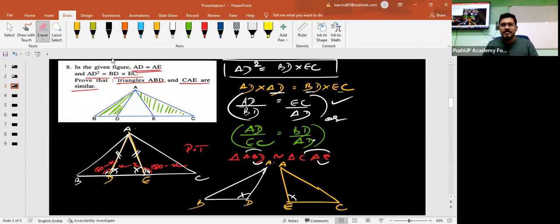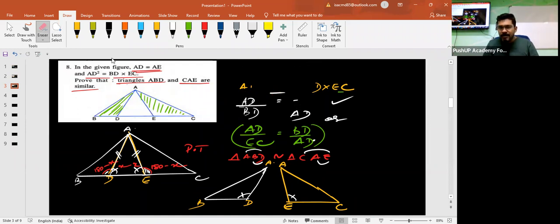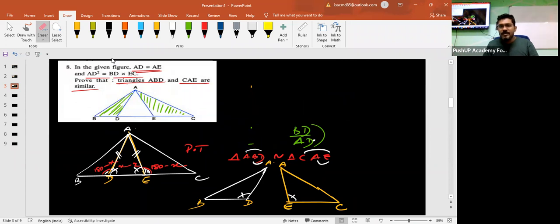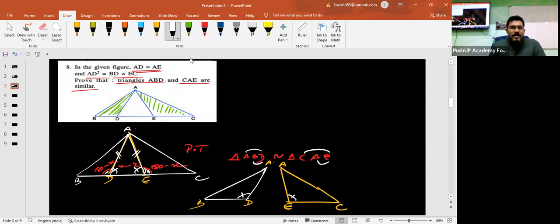First statement. I'll rub everything because I'm damn sure the method is going to be correct. See this. What did I take? I had taken AD upon BD is equal to what? EC upon AD, right? Now from the given data, I had taken this result. AD upon BD is equal to EC upon AD.